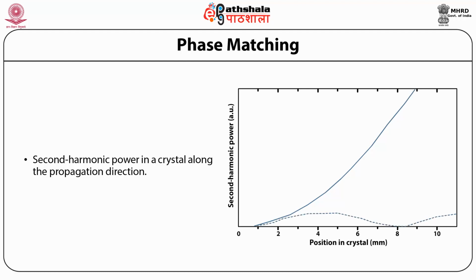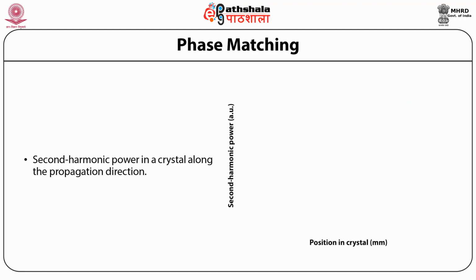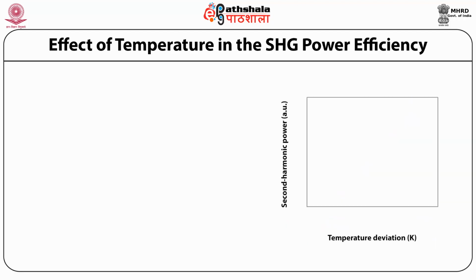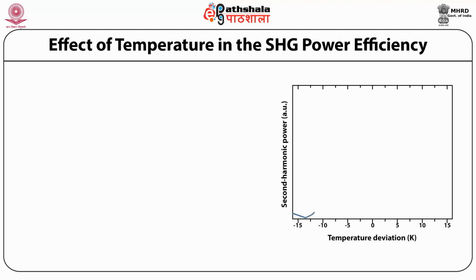The dashed curve represents the power during non-phase matching, with the second harmonic power oscillating between 0 and a small value.